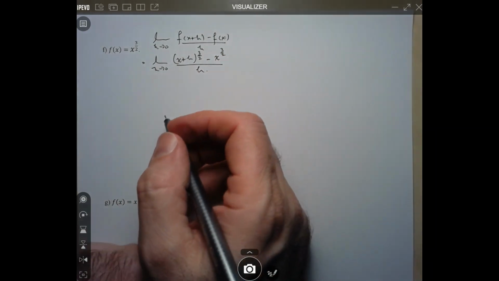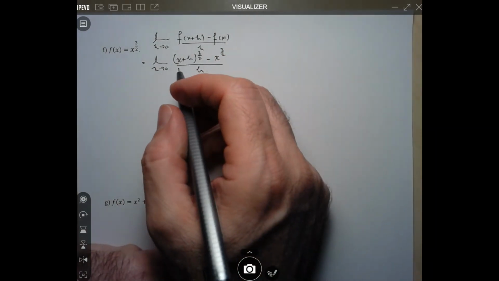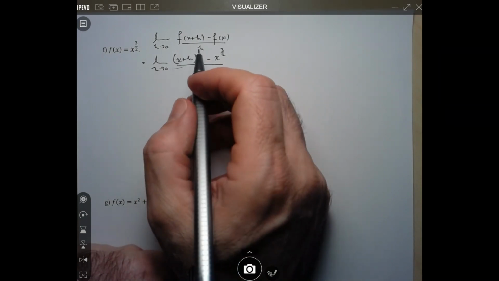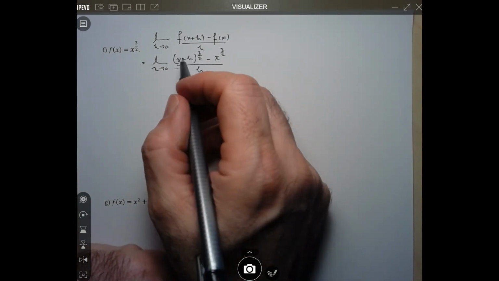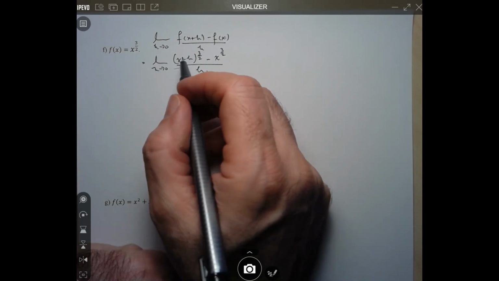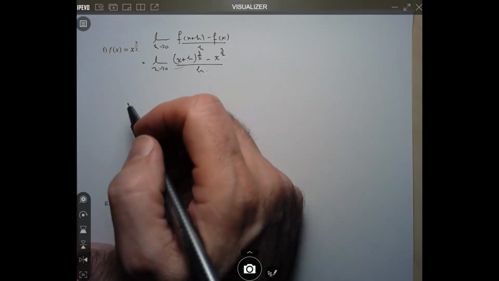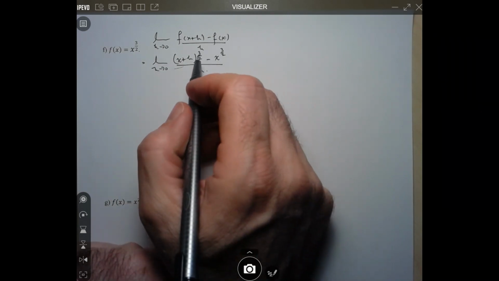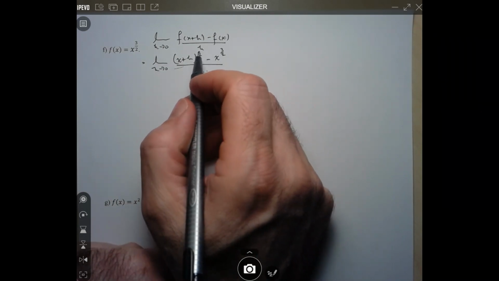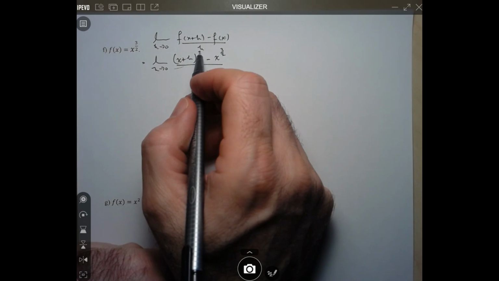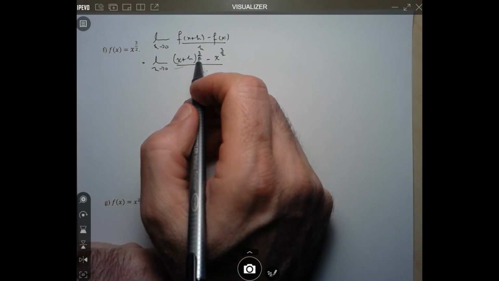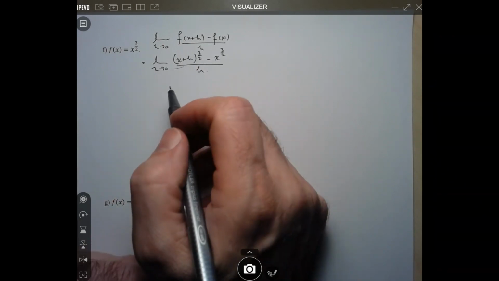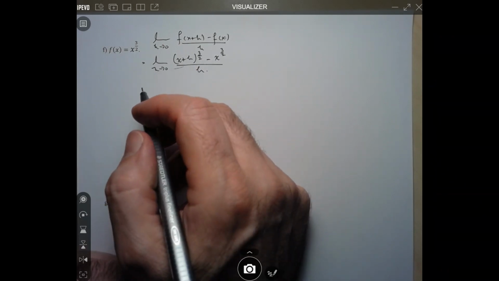Now this is where things get dicey. Before, I was able to just distribute this because I had an integer exponent. So I could do (x plus h) squared or (x plus h) cubed. Here my exponent is not a positive integer. But what I hope you noticed was that when you have an exponent which is a fraction over 2, the 1/2 portion of that fraction just represents a square root.